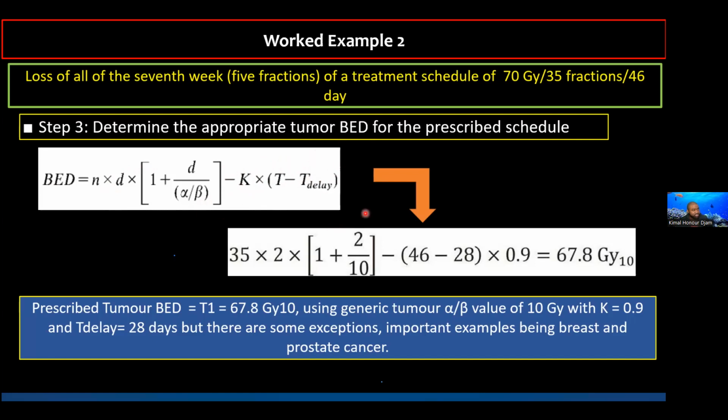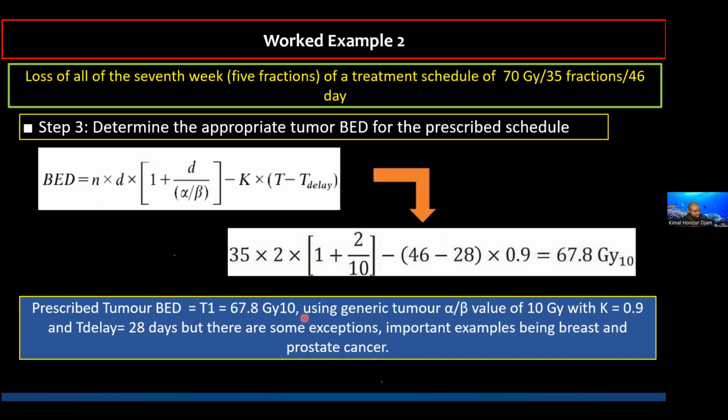That is the loss in the BED per day due to repopulation. And so when we do that, we end up with our calculated value of 67.8 gray, assuming that the alpha beta ratio for tumor is 10.